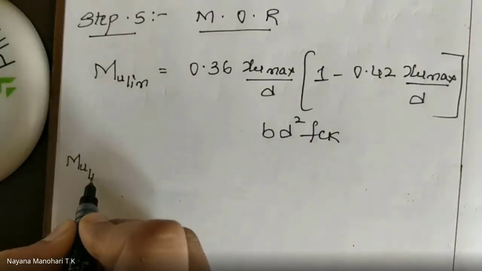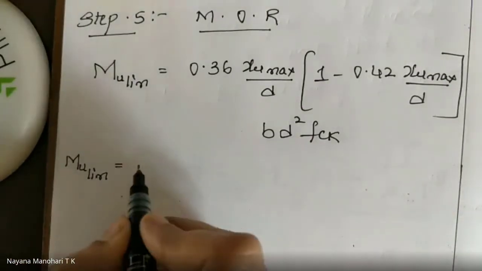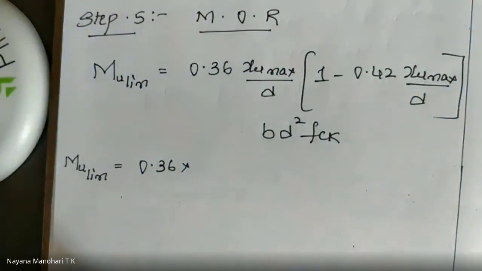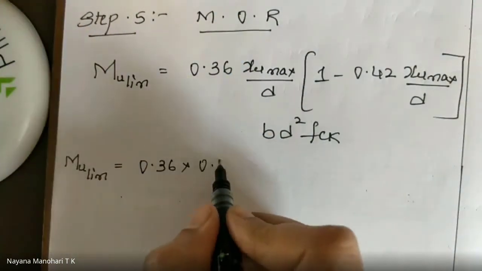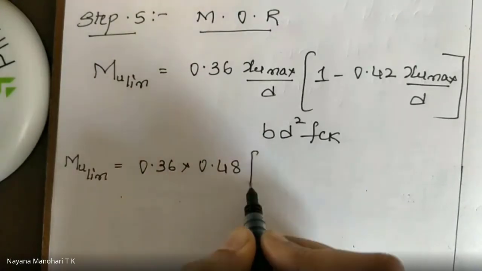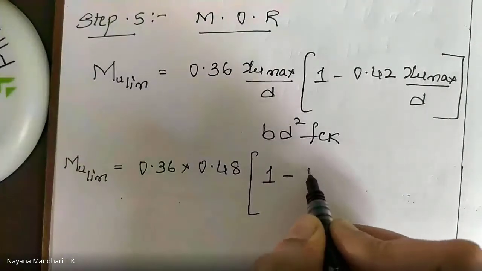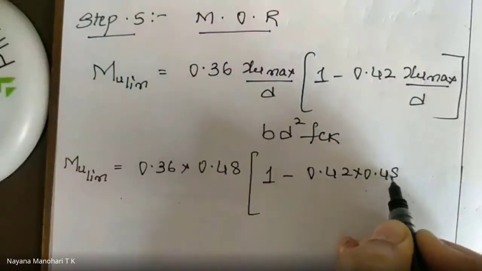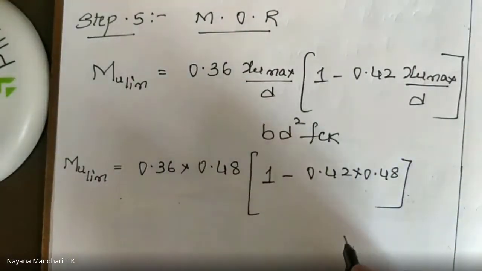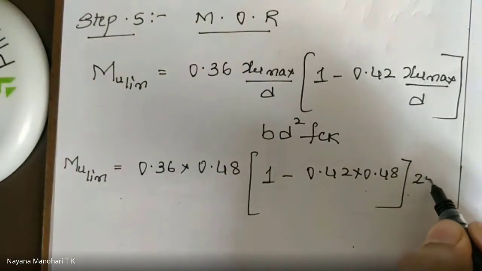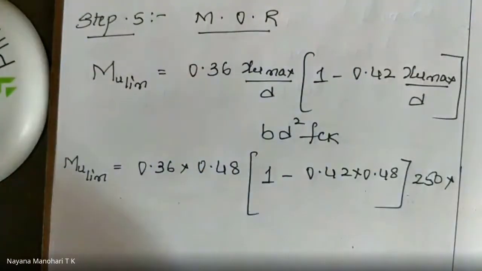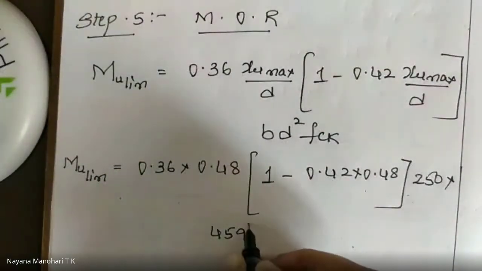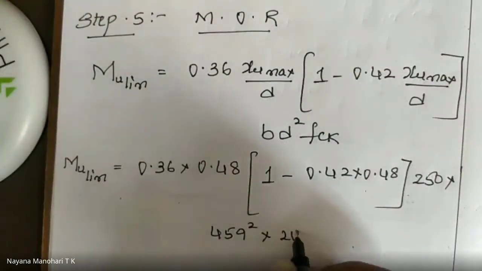MU limit equals 0.36 XU max by D, value for Fe 415, it is 0.48, into 1 minus 0.42 into 0.48, into B value is 250 multiplied by depth value is 459 square, into FCK value it is 20.